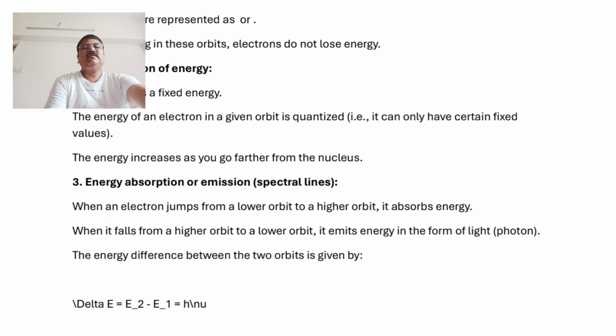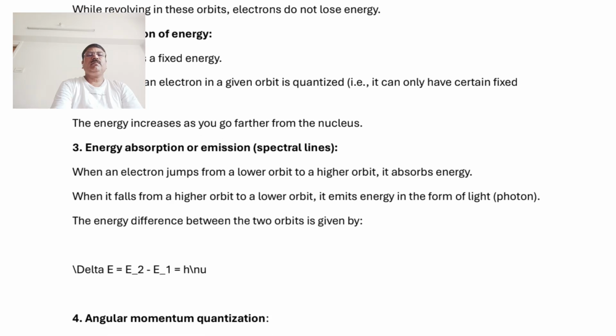Then next, third postulate is energy absorption or emission, that is the development of spectral lines. Now, according to Bohr's theory, when electron jumps from lower orbit to a higher orbit, that means from first energy level orbit towards second energy level orbit, during this jumping process, it absorbs the energy.